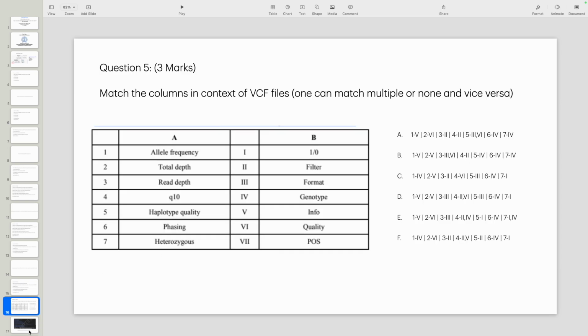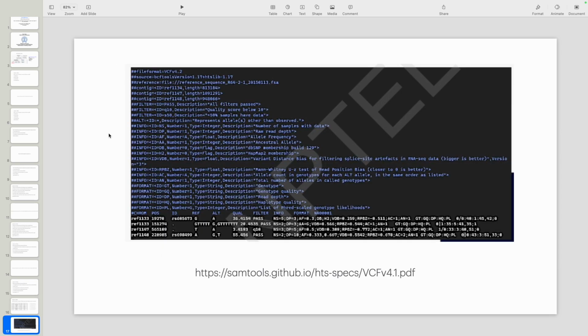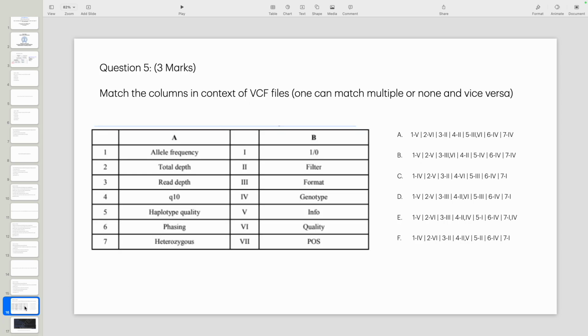In the meta information, header line as well as the data line, certain fields are present, and some of the fields are mandatory and give certain information about the data that we have. We need to match the information to the field. So just go through the manual and try to answer this question.